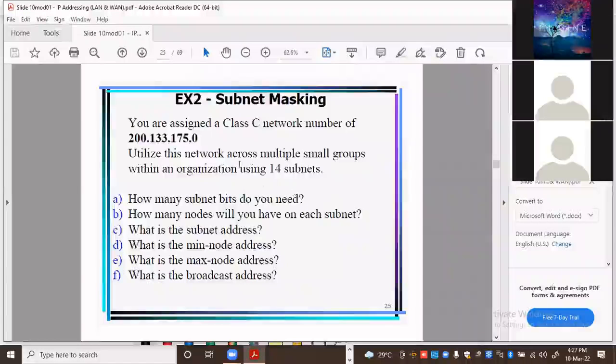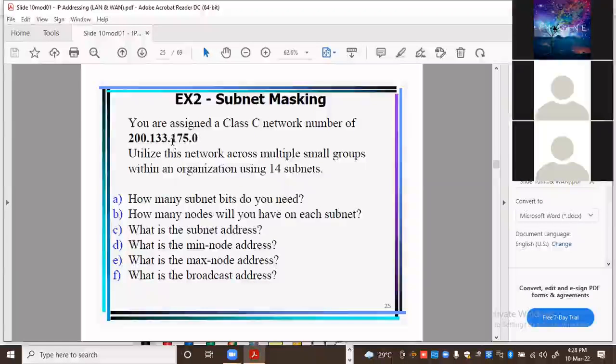Keep in mind, it's a Class C IP address, and you're supposed to have by default 8 node bits for your node IDs, and 24 network bits because 32 minus 24 is 8. But here we have subnetted 14 subnets using 4 bits.